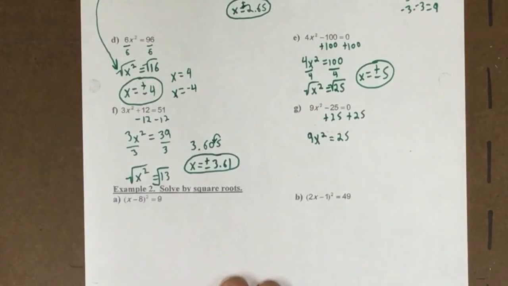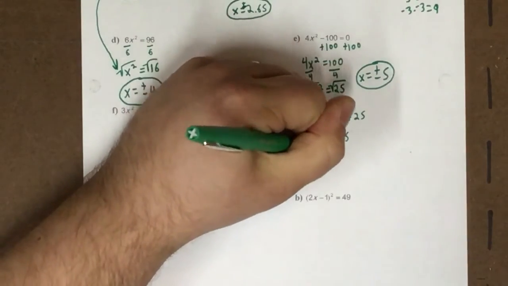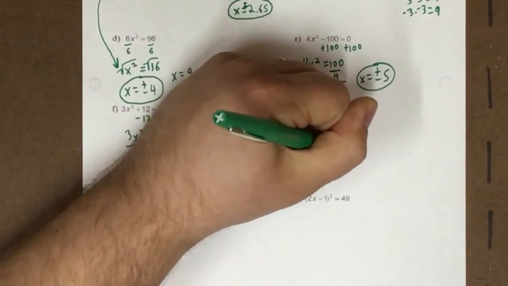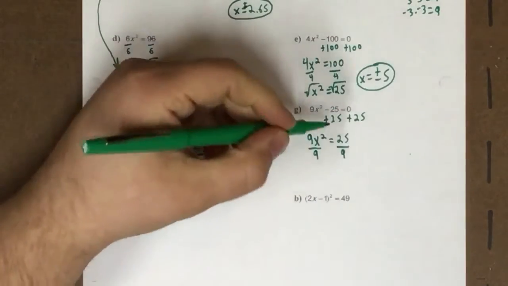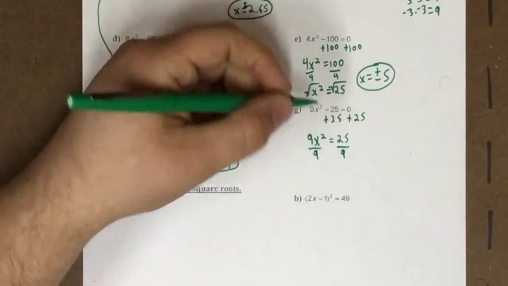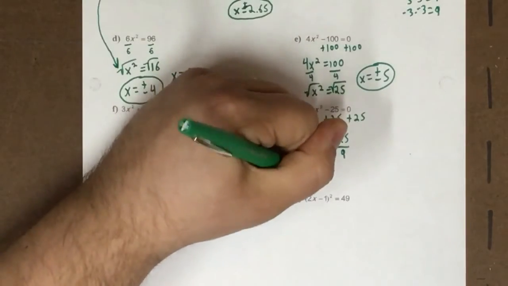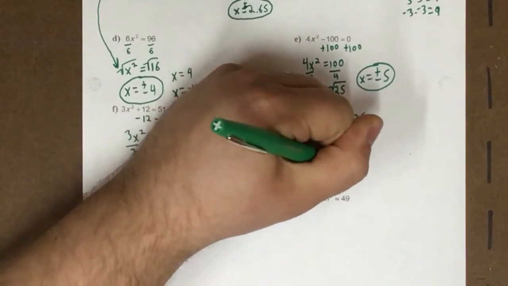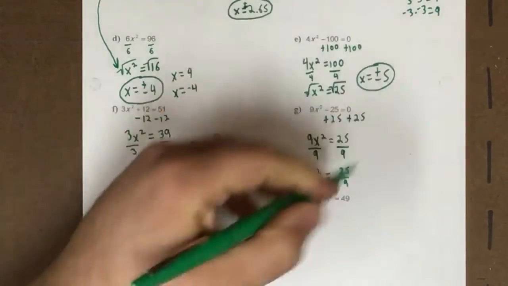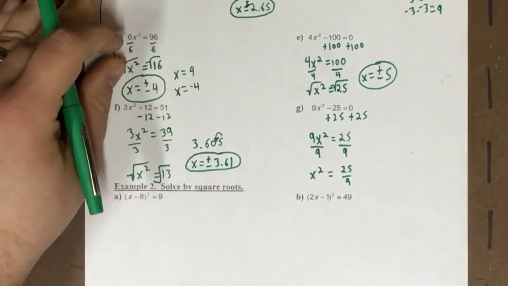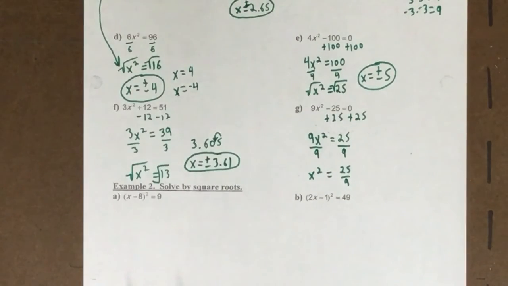From here, when I divide both sides, I would not put this into your calculator right away. If you notice, if I keep this as this fraction, I'm going to get x squared is equal to 25 over 9. Both 25 and 9 are perfect squares, so I don't need to worry from here about actually making this a decimal number.